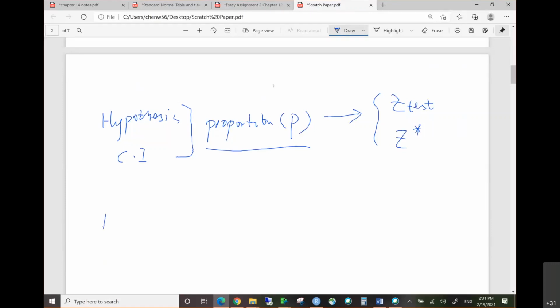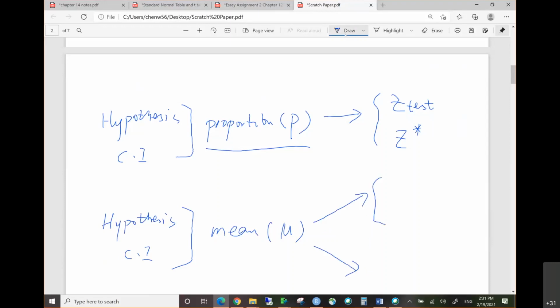And then for the hypothesis test or the confidence interval, for the population mean, for the mu, whenever you want to test or find a confidence interval about the population mean, you have two options. Right?